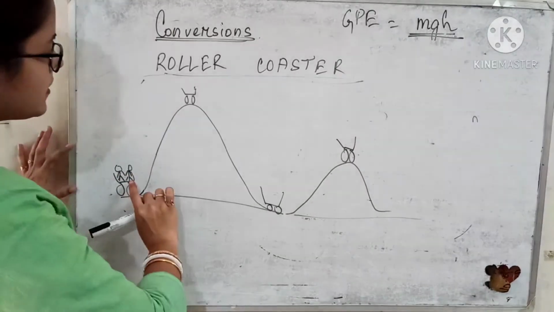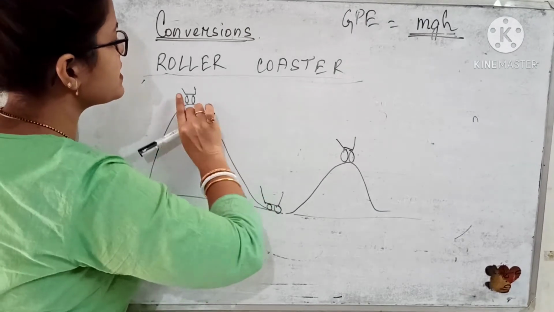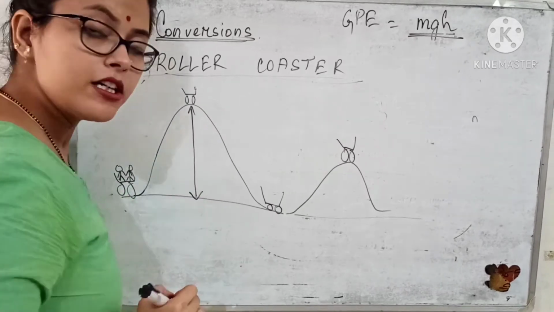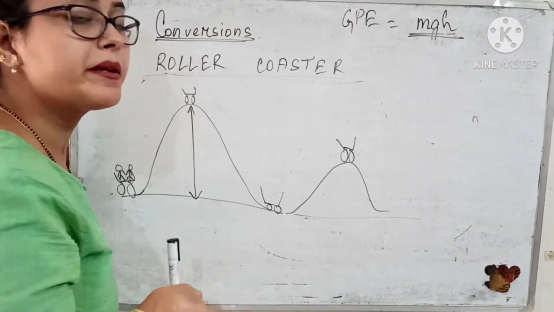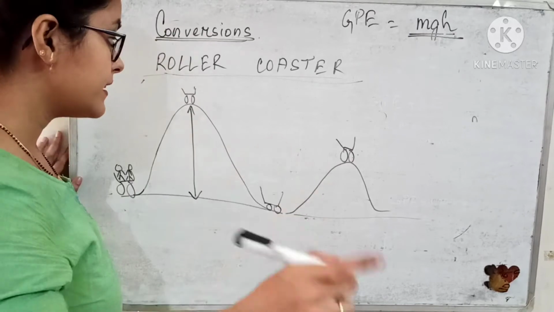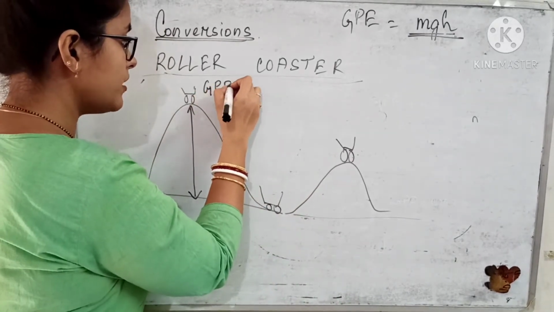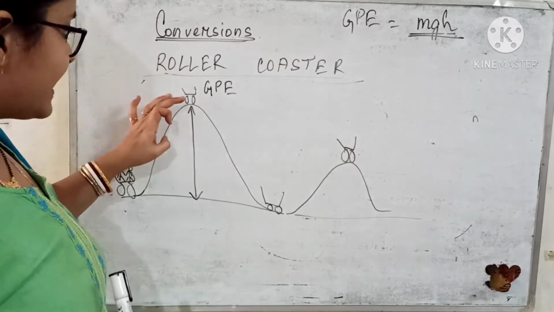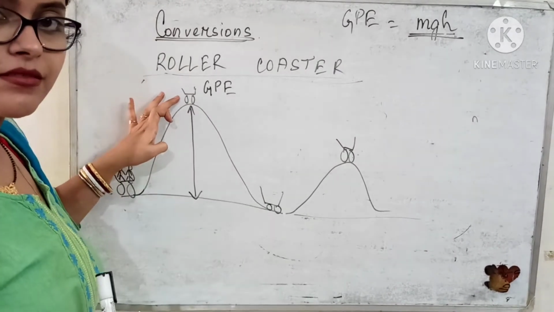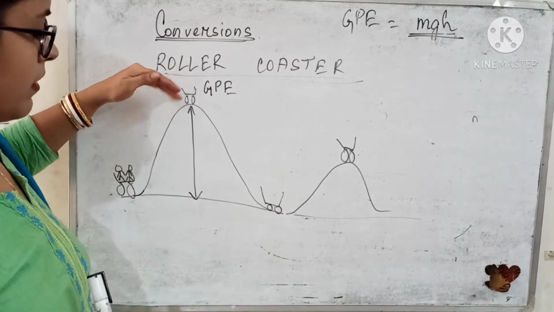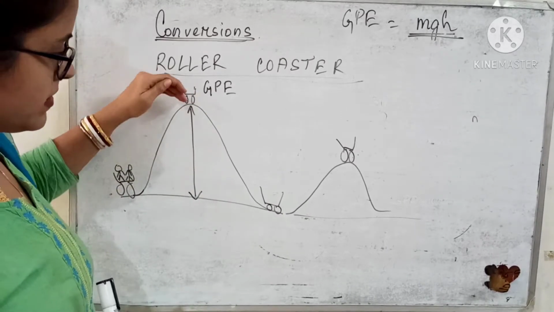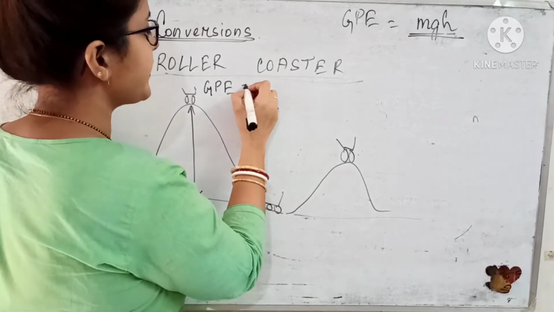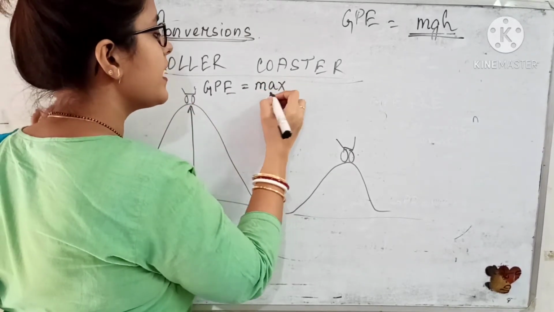Now when the cart is moved to this height, with the gain in height, what energy will the cart with the people possess? Gravitational potential energy, because of the raised height. So at this particular position, that is at the highest peak or at the highest hill, the gravitational potential energy becomes maximum.